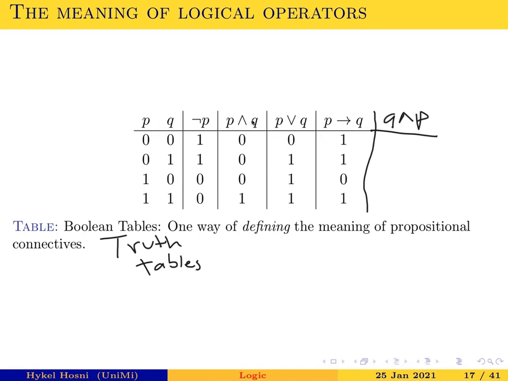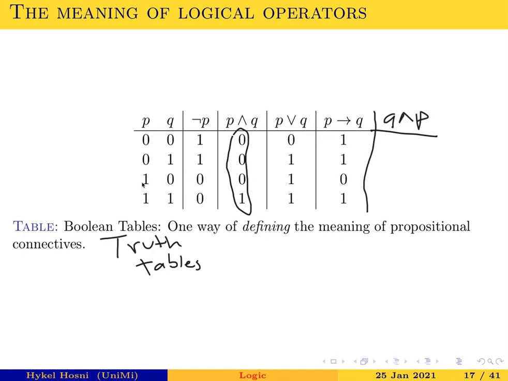So what's the meaning of conjunction? The meaning of conjunction is exactly this. When you're asked the question, you say false if both P and Q are false. You say false if P is false and Q is true.